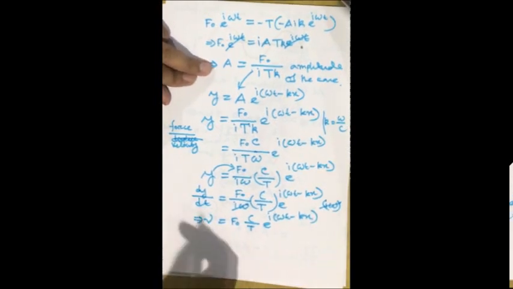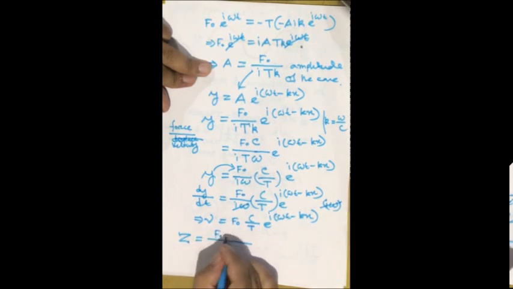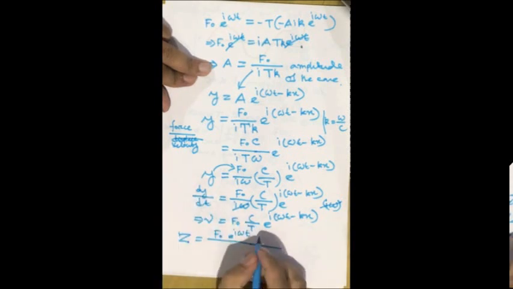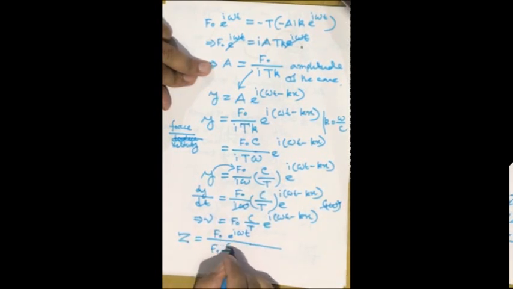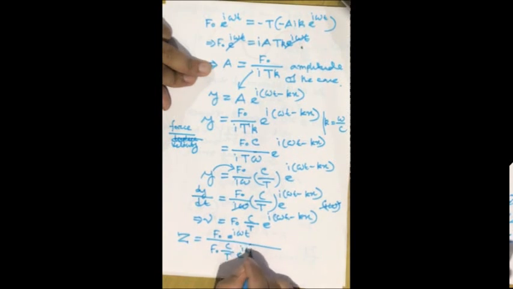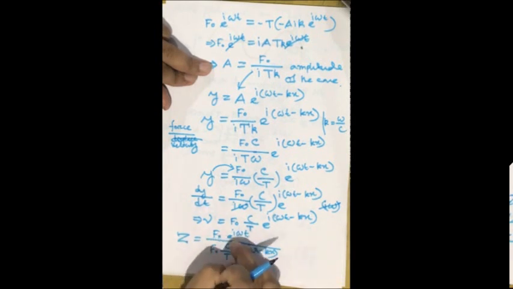As you remember, we have defined the impedance Z as the transverse force, which is F₀ e^{iωt}, divided by the transverse velocity, which is F₀ c/T e^{i(ωt − kx)}.